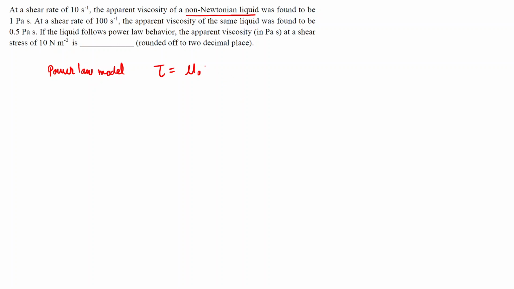And apparent viscosity, we can write as mu naught (dvx upon dvy) raised to n minus 1.